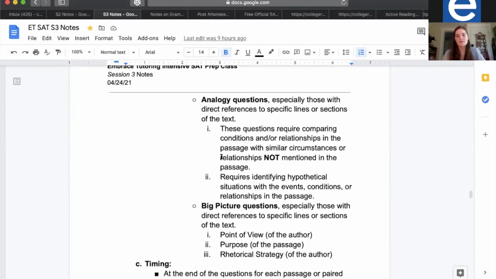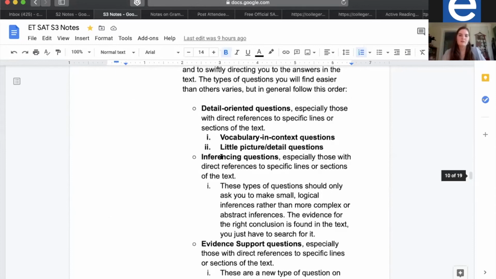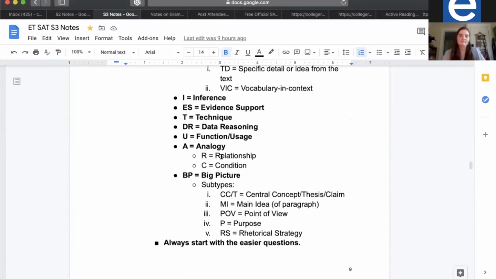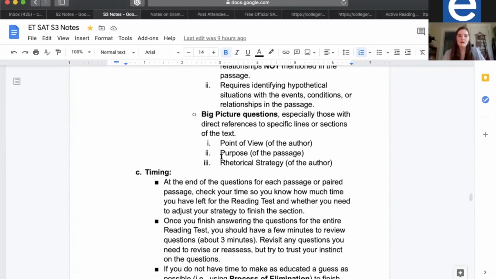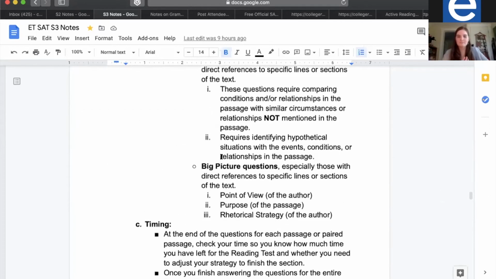Analogy questions. So these are things where you're comparing things mainly. Generally the big ones that you're going to be seeing are things like relationships or circumstances, or conditions. These questions require comparing conditions and or relationships in the passage with similar circumstances or relationships not mentioned in the passage.